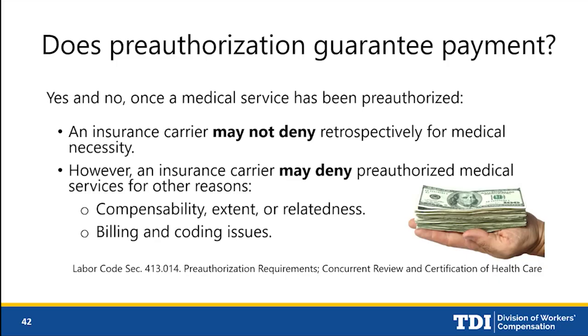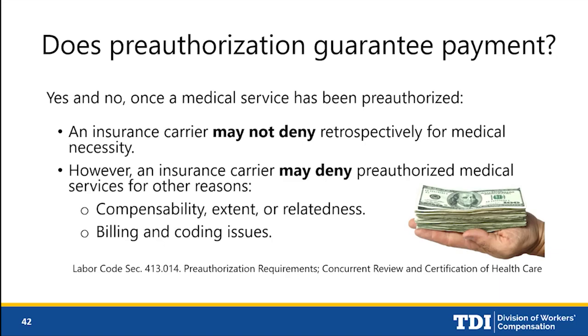When you call us at Comp Connection and you say, I need help, I've been denied, we want you to read the explanation of benefits, the EOB, because they could be denying for compensability, extent, or relatedness. Also, keep in mind that what people are saying to you in a call doesn't hold weight compared to what is in writing.